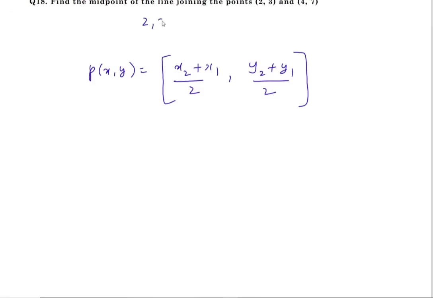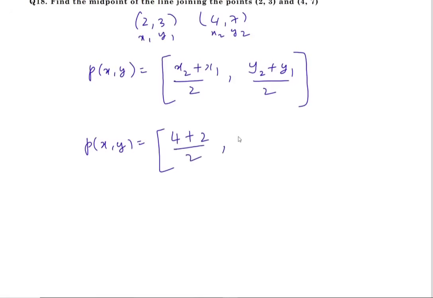What are the points? 2 comma 3 and 4 comma 7. This is x1 y1, x2 y2. P of x comma y equals what? What is x2? x2 is 4, x1 is 2, by 2. What is y2? 7 plus 3 by 2.